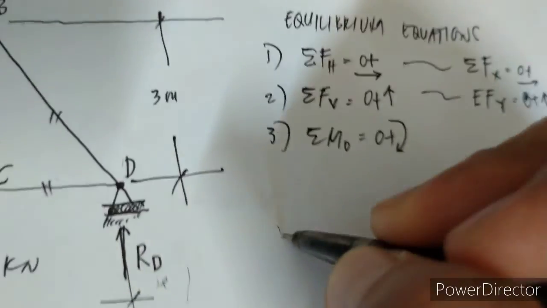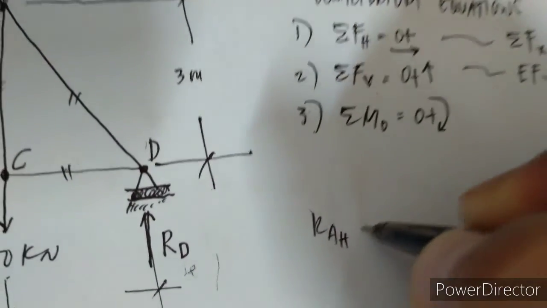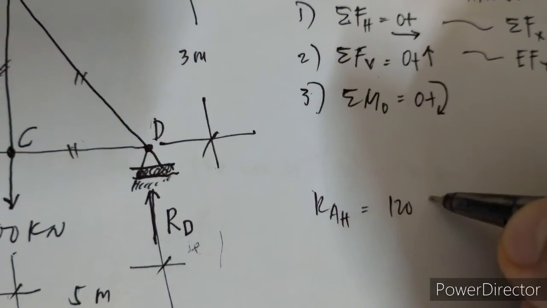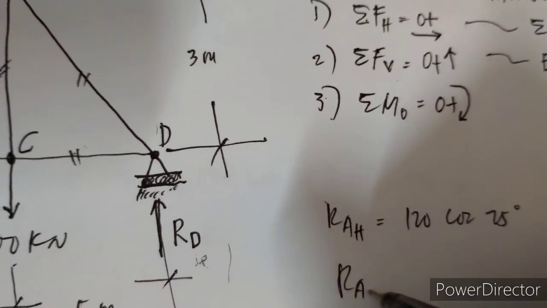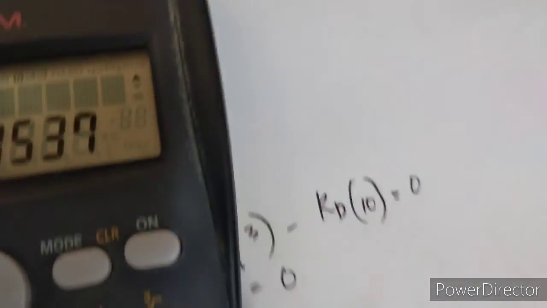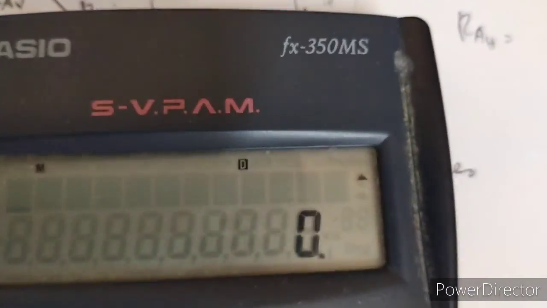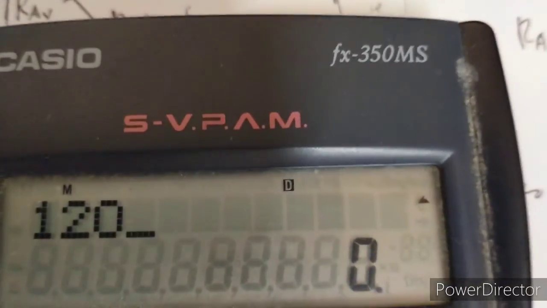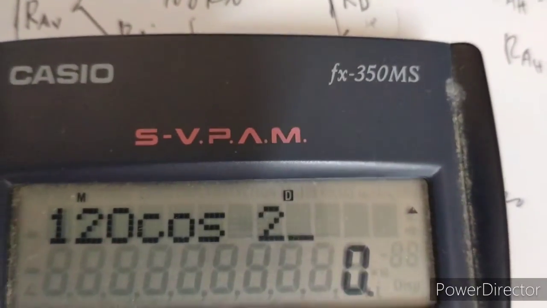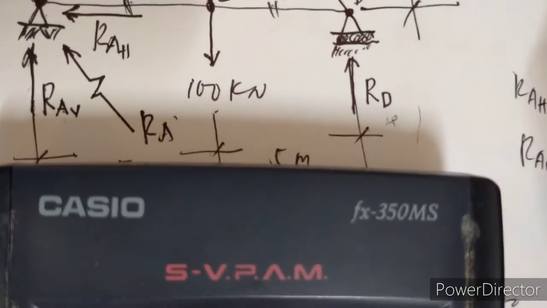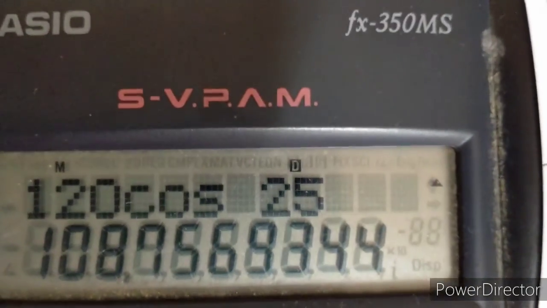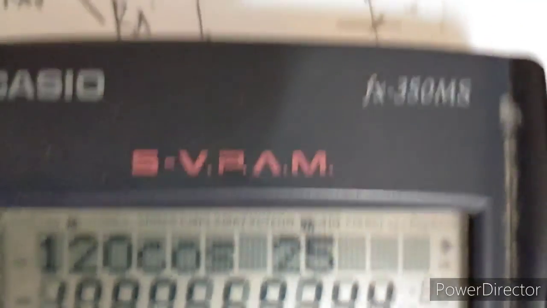Simplifying this, RAH is equal to 120 cosine of 25 degrees. So RAH will be 120 cosine of 25, which is 108.757 kilonewtons.